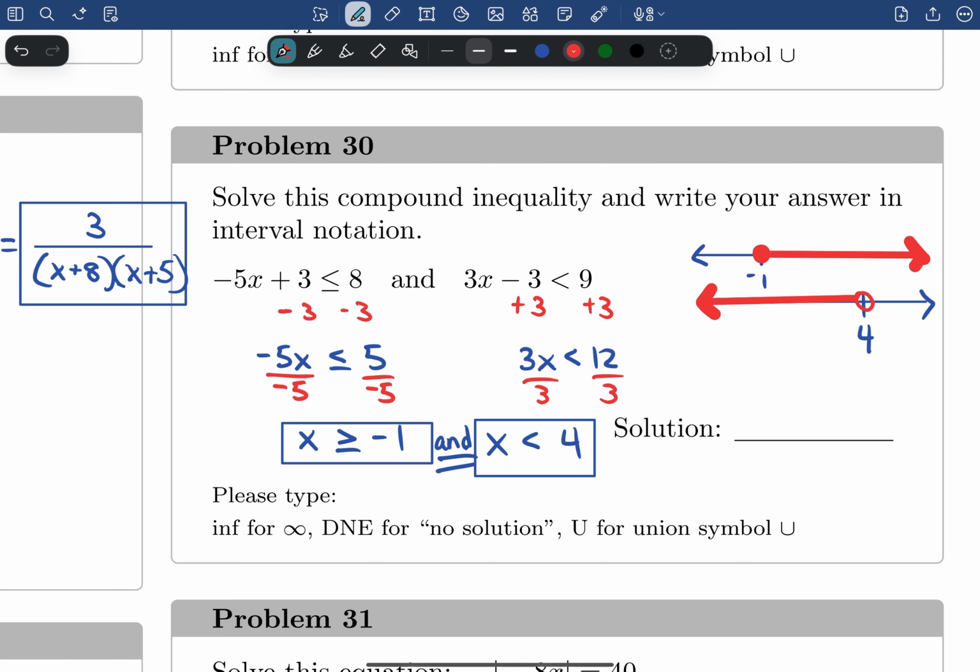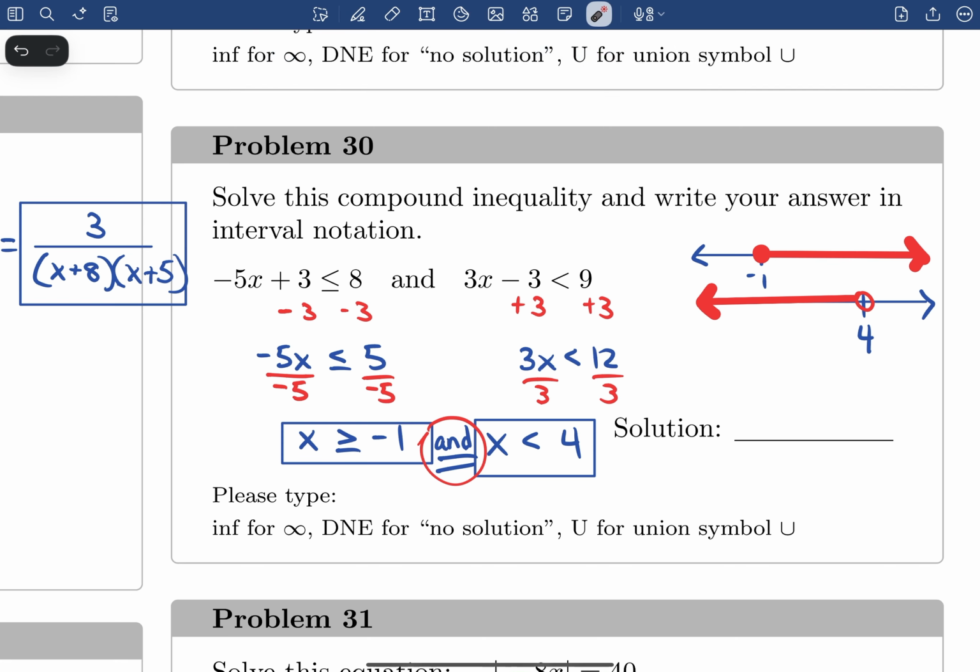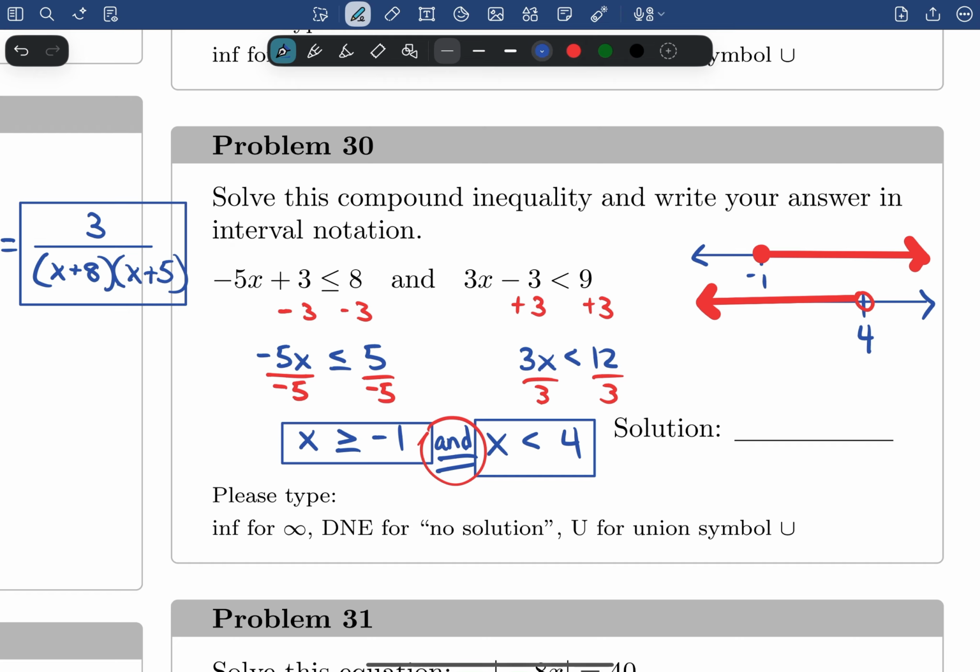Now this is where the word "and" is so important. "And" means the shaded regions overlap. Stacked on top of each other, the only places where they overlap is starting here, -1 to +4. I'll write the result on a number line.